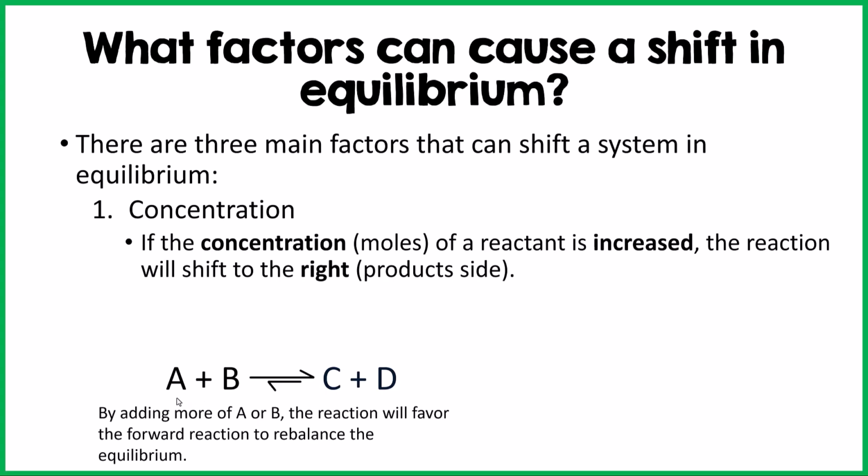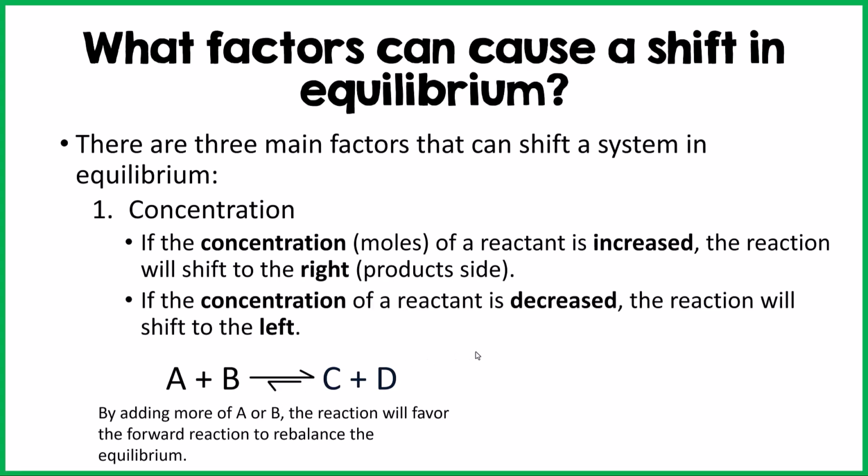And there's going to be physically more molecules or particles of these reactants if we add concentration here. So they're going to be overcrowded. In order to use up those particles, the reaction is going to shift so that it favors the forward direction. It's going to start making more products. And so that's why we write this arrow in the forward direction. It's larger than in the reverse direction.